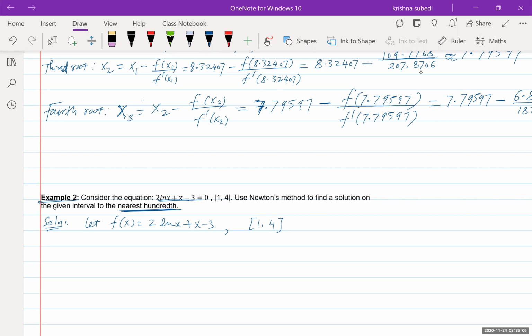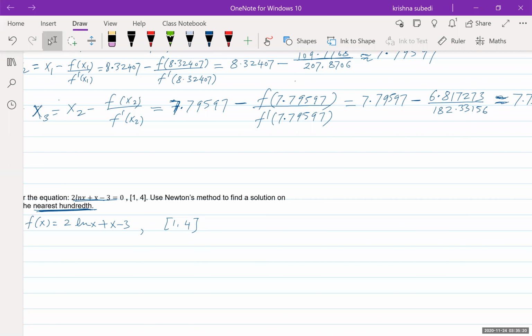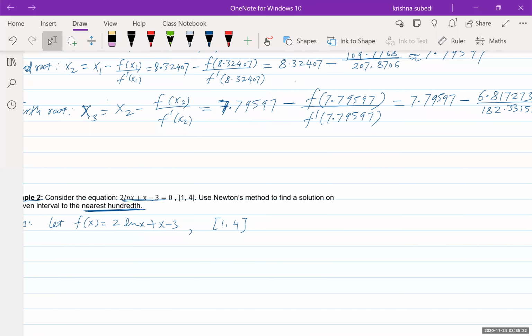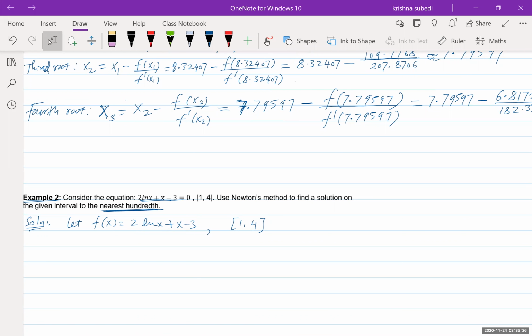How do we do that? Do you know the intermediate value theorem? I think we can plug in f(1) and f(4); if the sign changes, it means the function has to cross the axis.